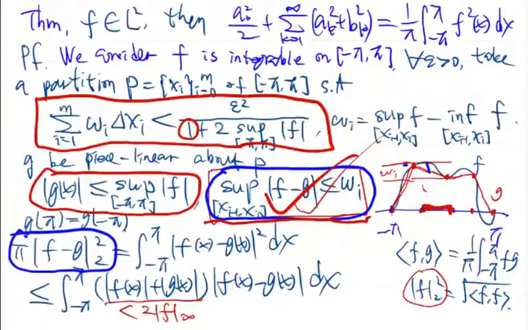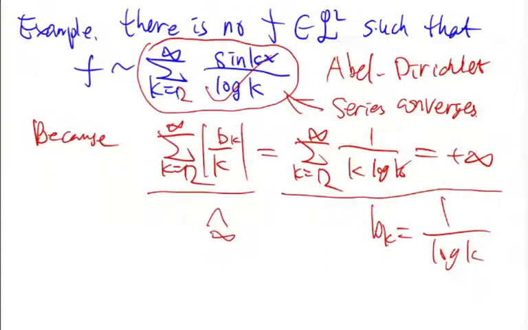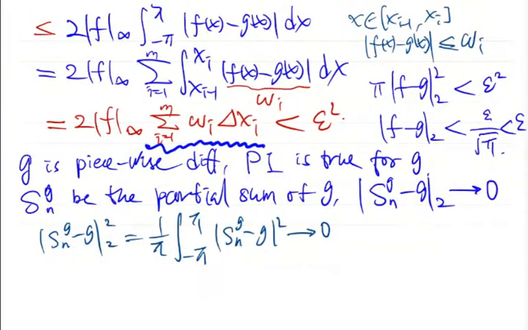Now our g here is piecewise differentiable. We have proved that for piecewise differentiable functions the Parseval identity is true. Therefore, for g, the L2 norm of the partial sum minus g goes to 0. So we have this result.